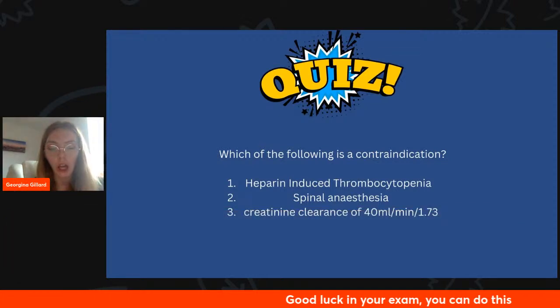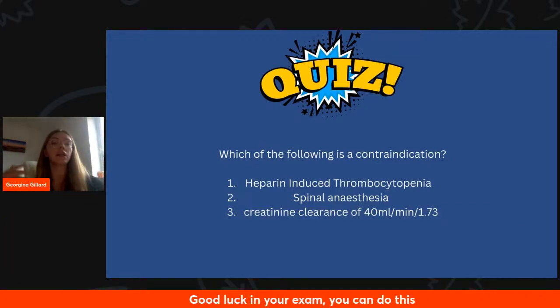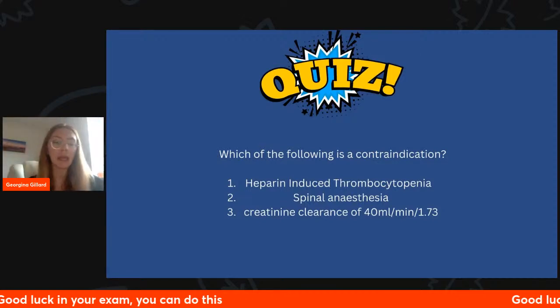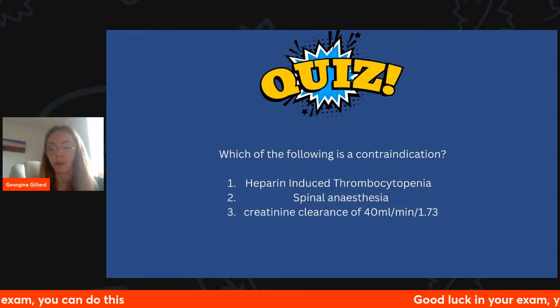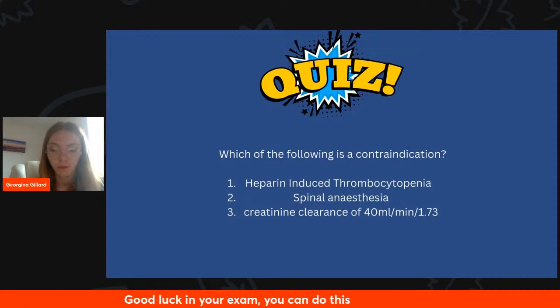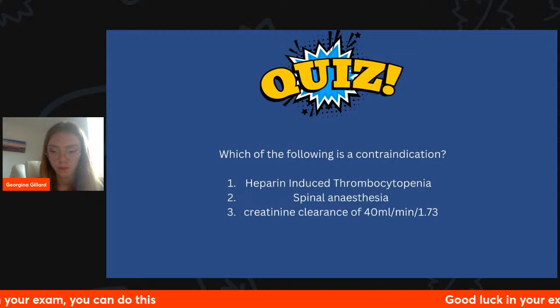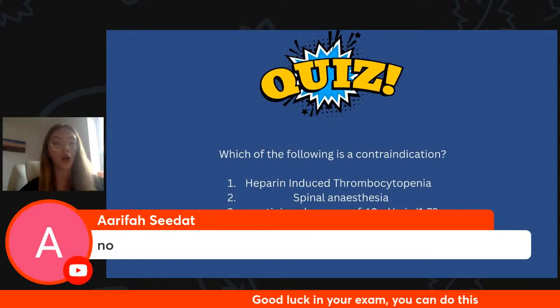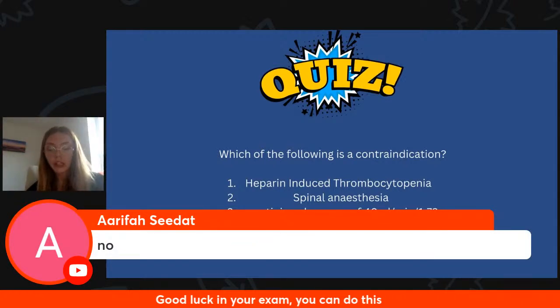Okay. So obviously, if you've just given spinal anesthesia, you don't give Clexane on top. Okay. So if we had a creatinine clearance of 40 milliliters per min per 1.73 meters squared, does that mean Clexane is going to be contraindicated with a patient? Okay, we're getting no. Why?